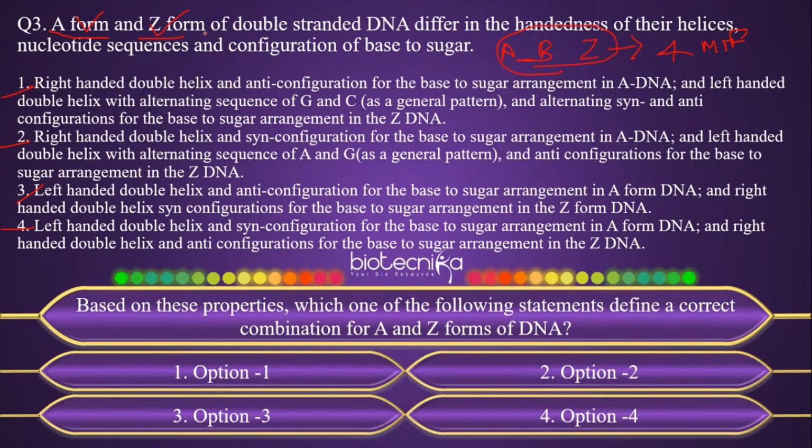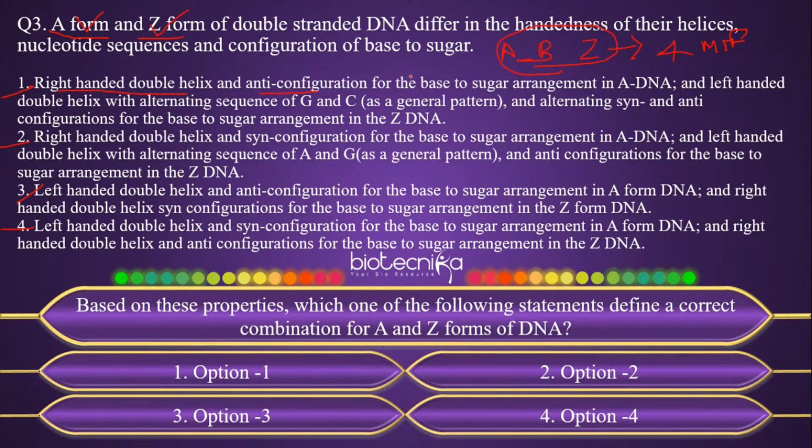You can scribble down the important characters of them, or you just see here it is mentioned right-handed helix and they are asking for configuration. Just find the difference between these two. Write it down in a notebook, on a piece of paper, and then look into the options. Then you will understand what is correct. But if you directly look into the options, there are chances it may make you confused.